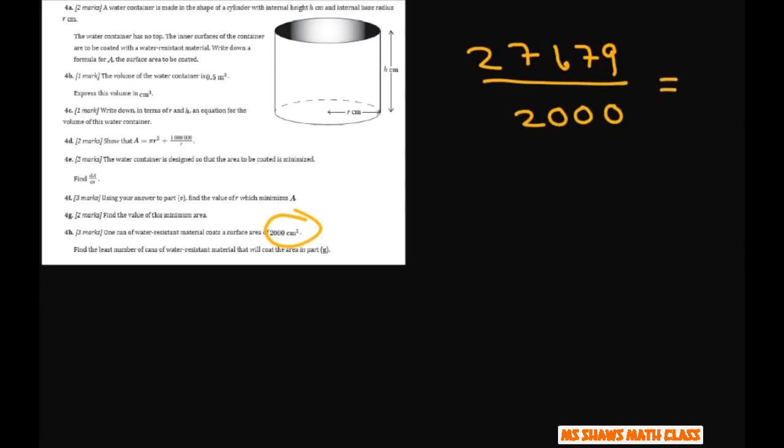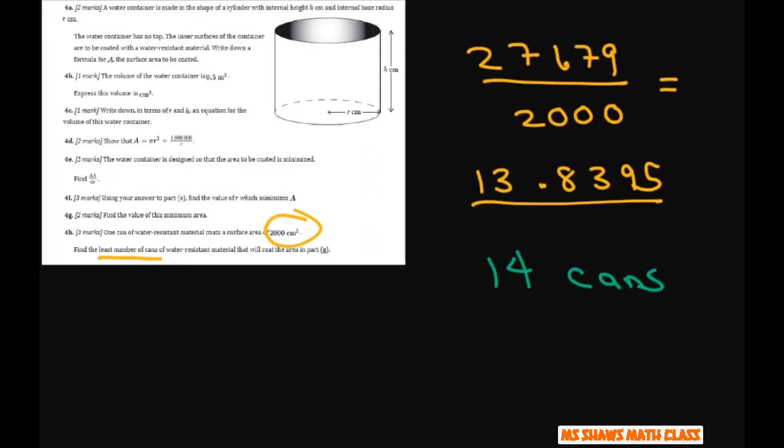That gives you 13.8395. Well, you can't have that many cans. So we want the least number of cans, which means you're going to round up. So that would be 14 cans. And that's it. Thank you. Have a nice day. Bye-bye.